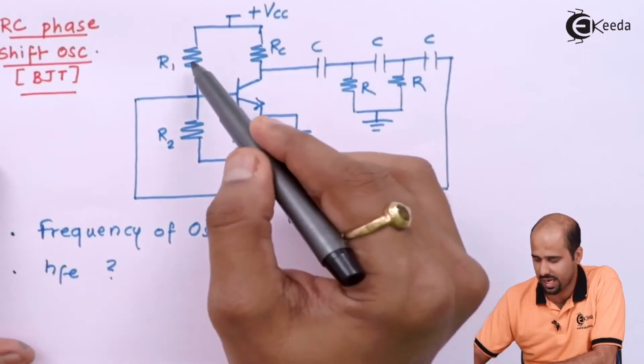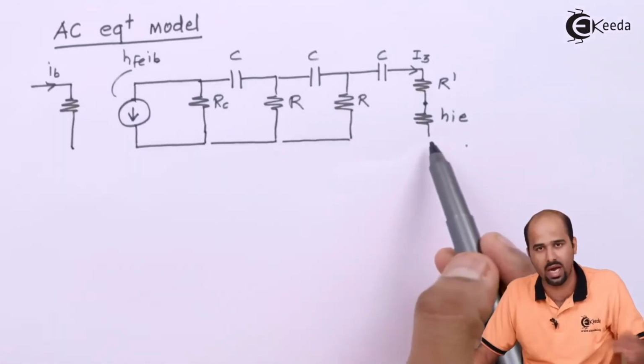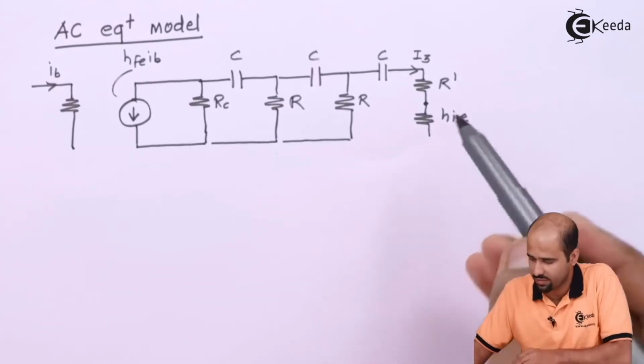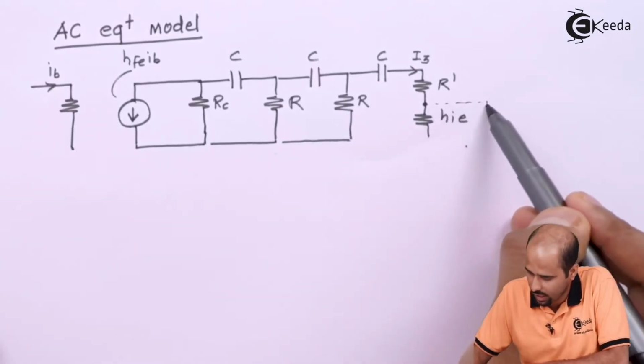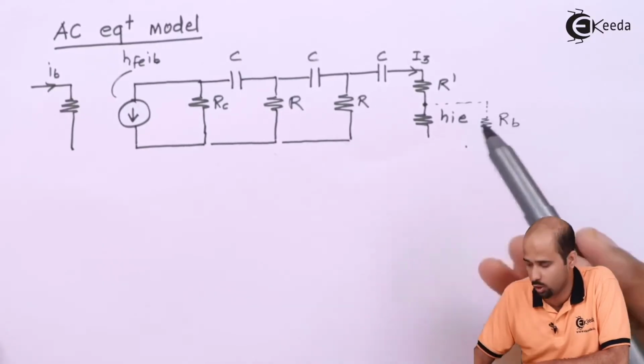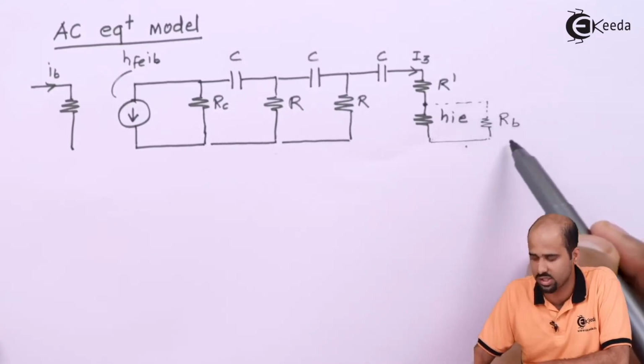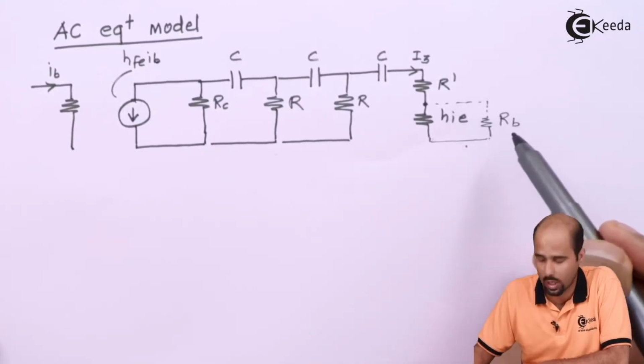If R1 and R2 are there, then I will keep them over here as well. So RB is also present if R1 and R2 are present, but ultimately this complete resistance should have the value R.